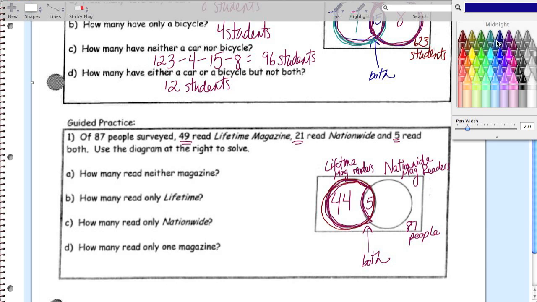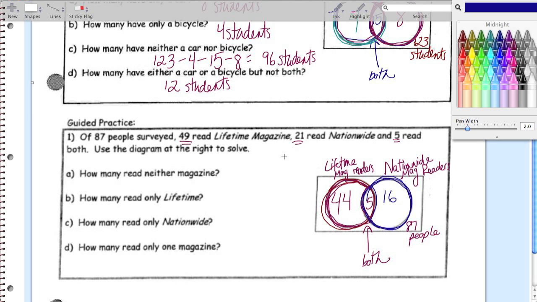Then let's move on over to the Nationwide magazine. 21 read Nationwide, and that would be this whole circle. So this circle should total 21, but 5 of them are reading both, so we don't want to count those. We want to just put in this portion the people that only read Nationwide, which is 21 minus 5, or 16 people.